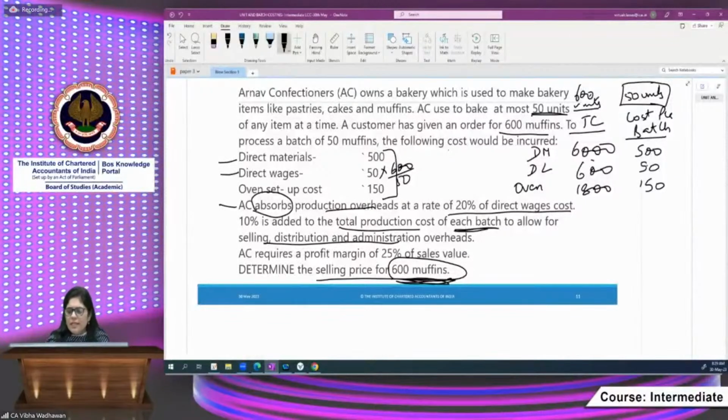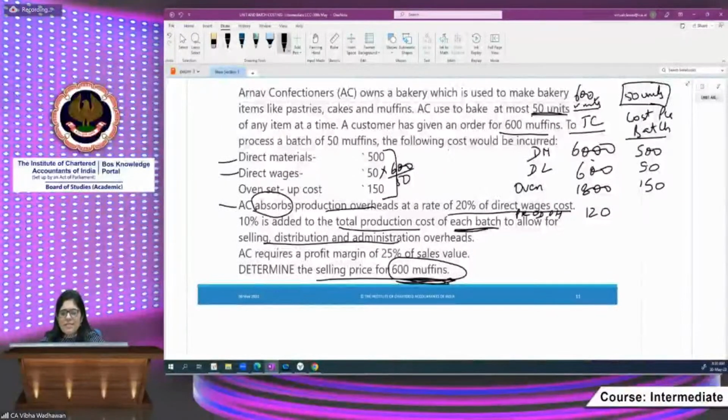All right. Then you can add production overheads, 20% of direct wages cost. Wages is 600, so 20% is 120. Keep on calculating cost per batch also. How much is the oven cost per batch?